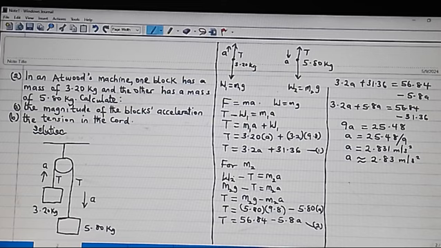Now, having obtained the value for A, we can substitute A into either equation 1 or equation 2 to get the value for tension. So, me using equation 1, I say T is equal to 3.2 into 2.831, plus this 31.36, all in Newton.